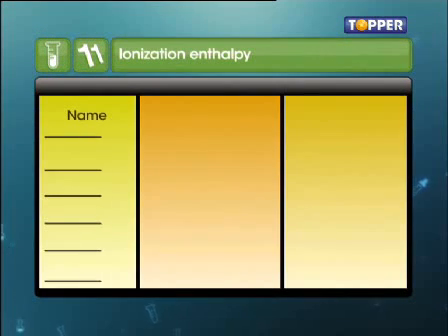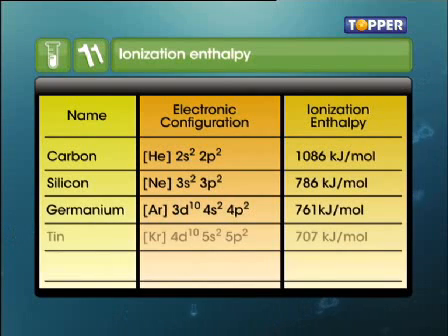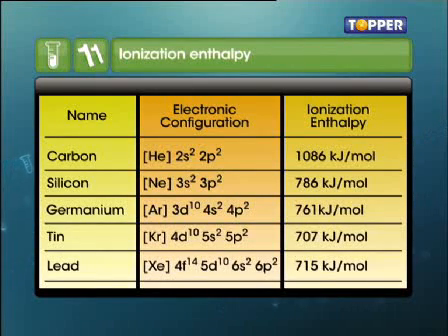The variation in atomic radii in group 14 affects the ionization enthalpy. You may already know that ionization enthalpy is the energy required to remove an electron from an isolated gaseous atom in its ground state. Now, let us see the trend observed in ionization enthalpy on moving down a group.